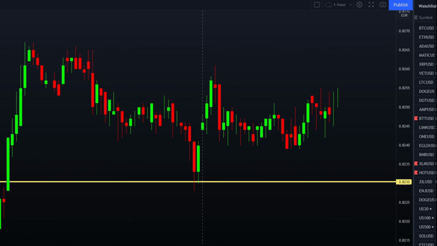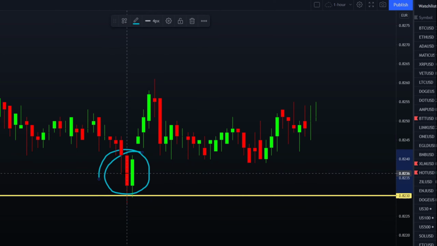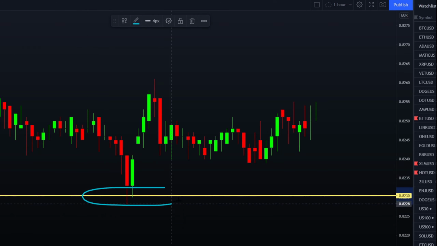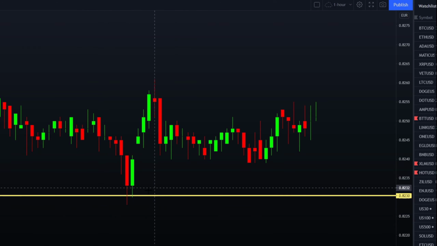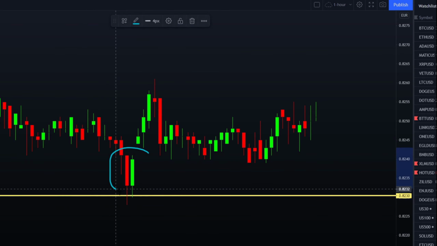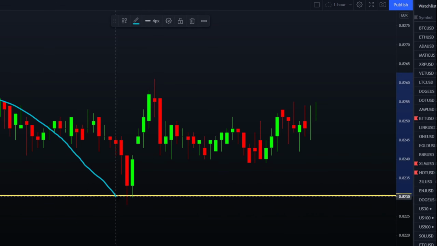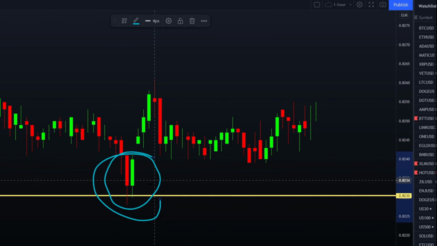What more can we say here? Well, right here on the resistance, we actually have a combination of many bullish variables. First of all, we have a support level, and we also have a piercing pattern. This is another bullish pattern that indicates a potential reversal, especially if we haven't seen a decline prior to this pattern.